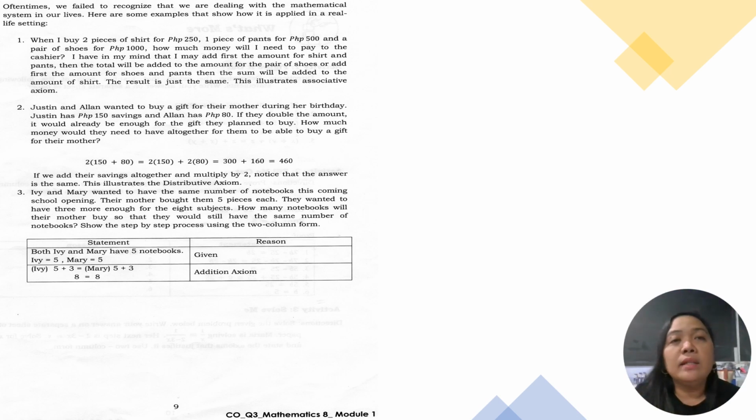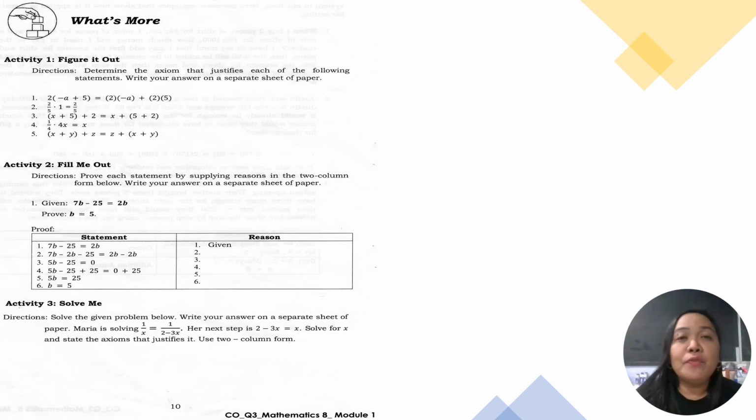So as you can see, the different mathematical systems are applied to our day-to-day life. Now it is time for you to answer the What's More section of your SLM on page 10. There are 3 given activities there. We have activity 1, Figure It Out. What we're going to do in activity 1 is to determine the axiom that justifies each of the following statements.